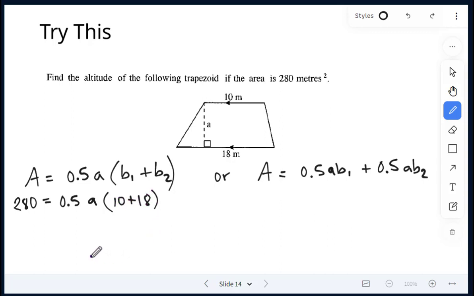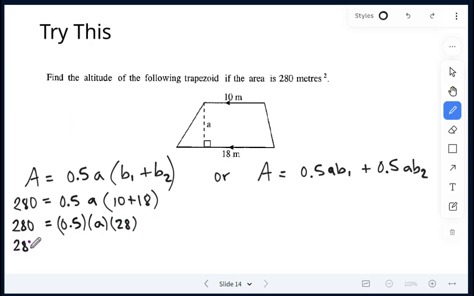All right, so now all we have to do is solve for A. Everything else we're given. So 280 equals 0.5 times A, and then 10 plus 18, which is 28, and it's all being multiplied together.